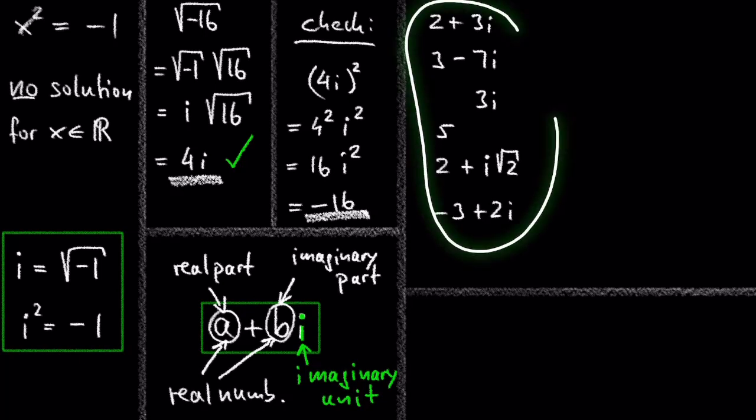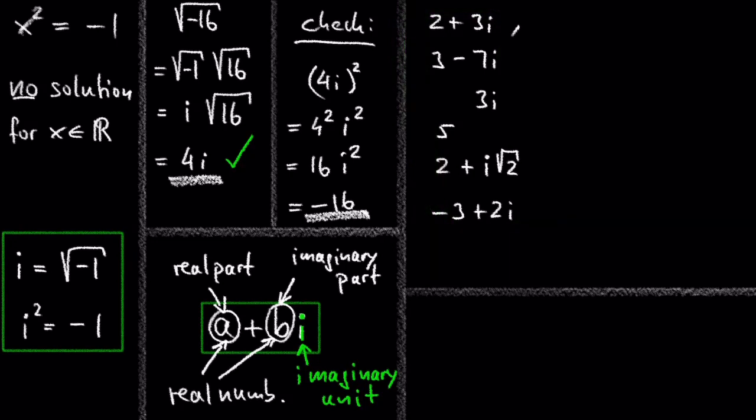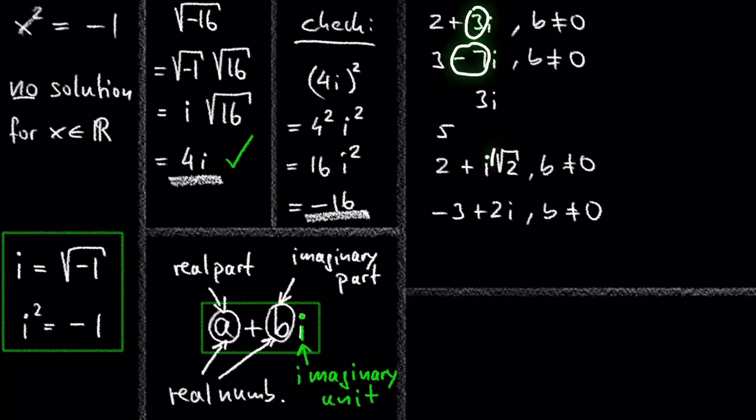Let's look at our examples. If b is not 0, then the complex number is called an imaginary number.